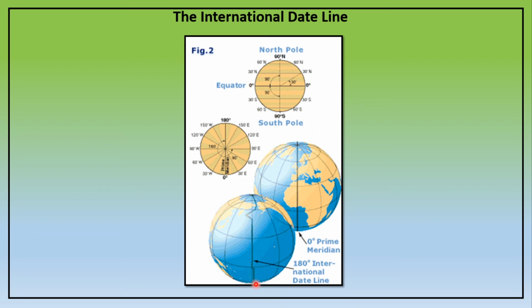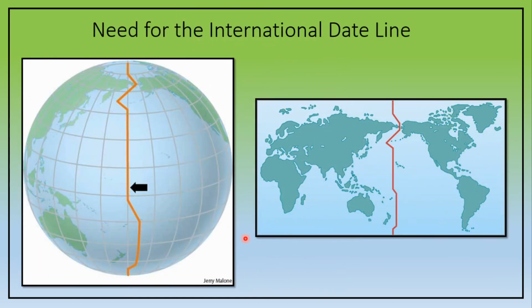It is marked on the place of the Earth's surface where each new date begins. So let's see how. If you look at the international dateline, you will find that it is zigzag.